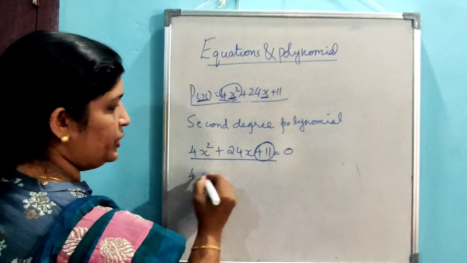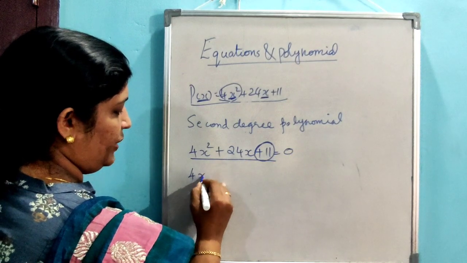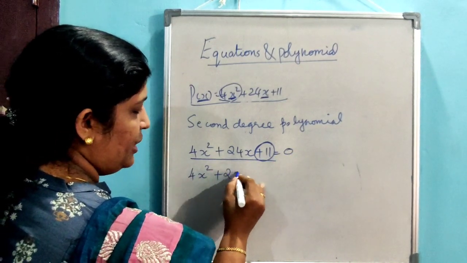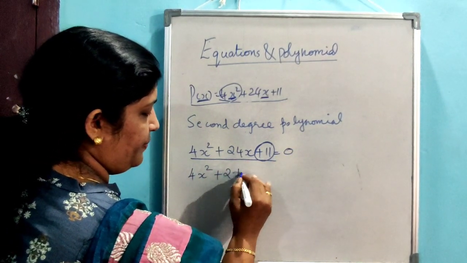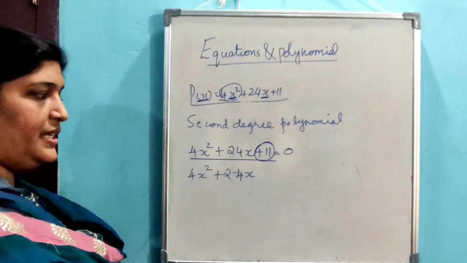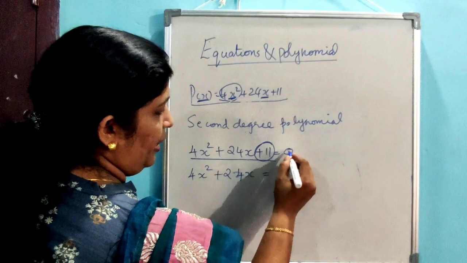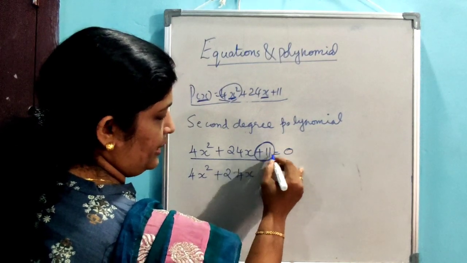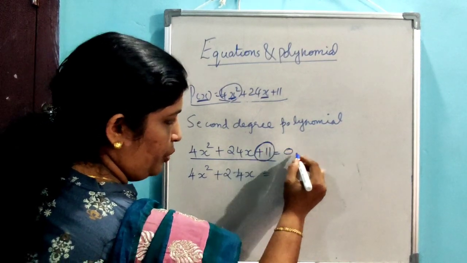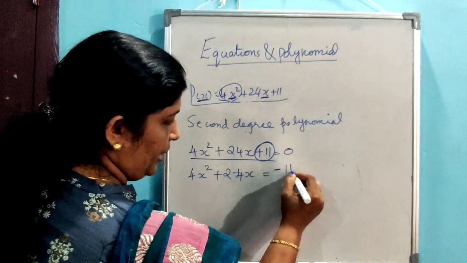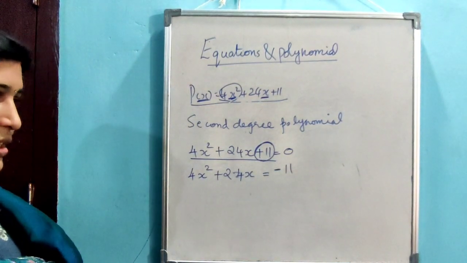Okay, so first move this 11 to the other side. So we have 4x square plus 24x equals 0 minus 11. This is plus 11 here, and if we move it to the other side, it is equal to minus 11.